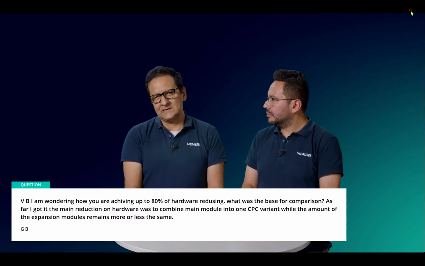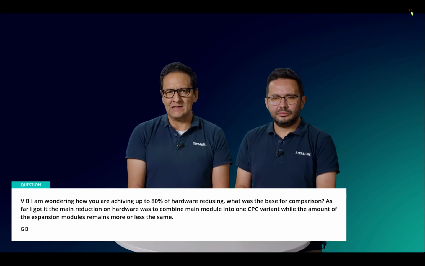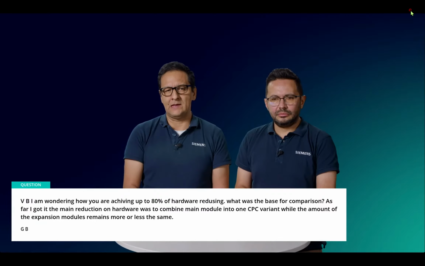So I'm wondering how you are achieving the 80% hardware reduction? What was the base of that comparison? Yes, I think during the presentation of the 1.5 circuit breaker, I started with the actual solution that we provide with 2 line protections, 1 per line, and 2 or 3 6MD85, for example, or 86, having breaker failure, auto reclose function, and synchro check, 1 per circuit breaker.